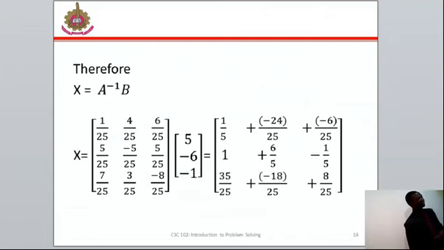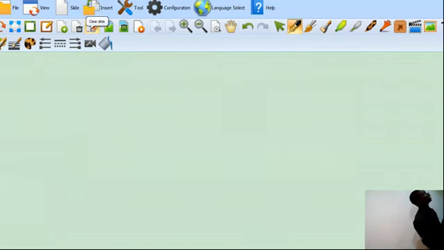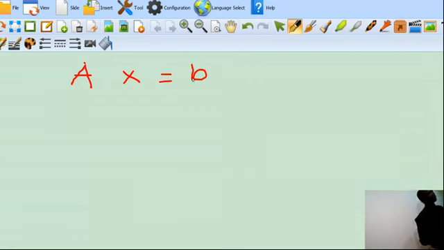Let me explain how we got our formula to calculate the A inverse. The other time we said AX is equal to B, from the equation at the beginning.